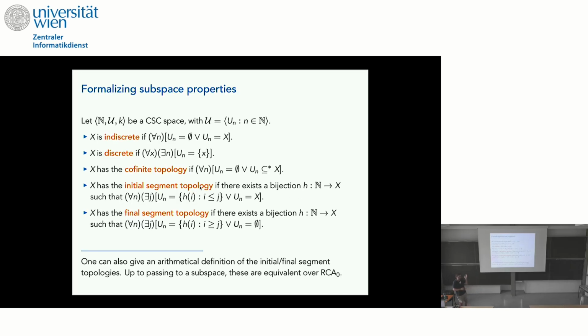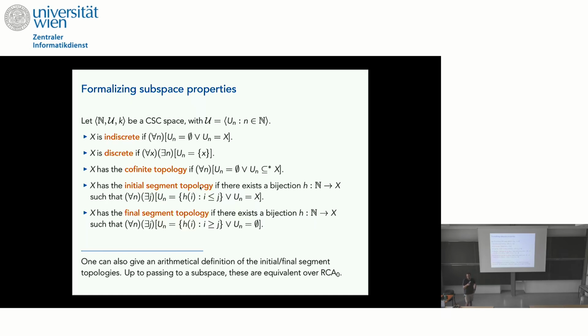All right, so now we can get back to the Ginsburg-Sands theorem. Suppose we are talking about a CSE space, so we are having this discussion in second order arithmetic, in RCA naught. What does it mean to be indiscrete?